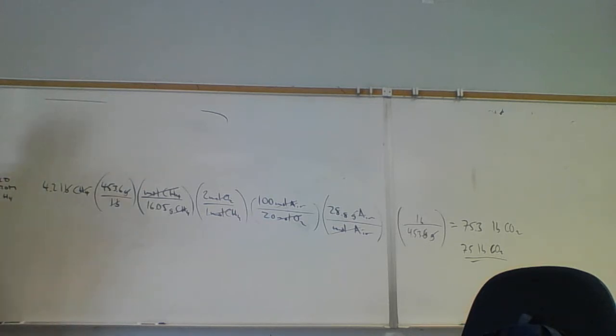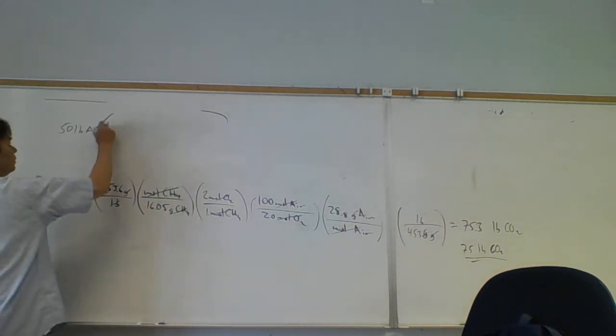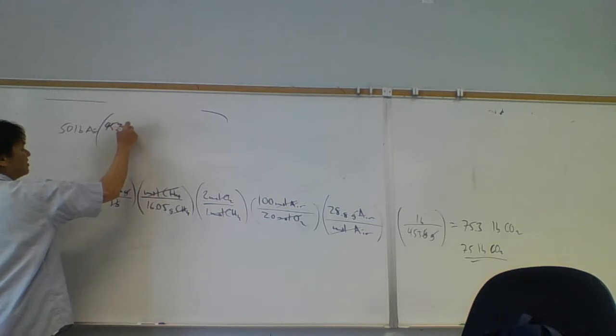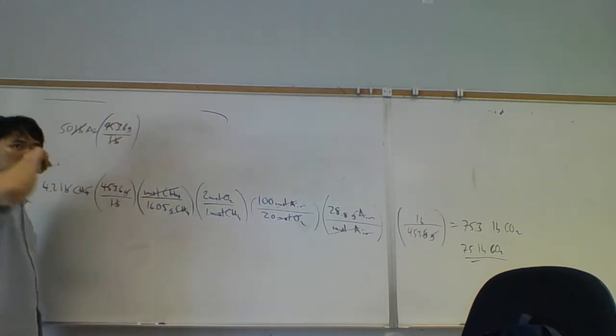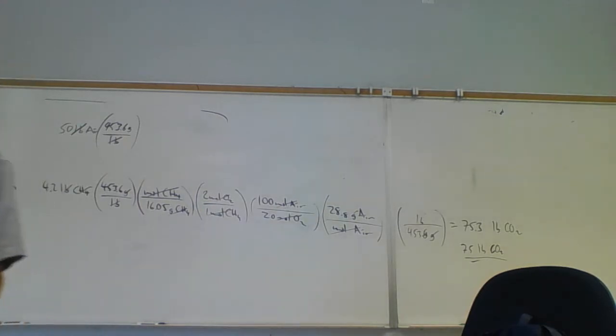And so this is, again, conventional analysis here. I'll take 50 pounds of air and then convert it to what? I'll go from pounds of air to grams of air, at 453.6 grams per pound. And so now I have grams of air. Then I'm going to go from grams of air to moles of air.